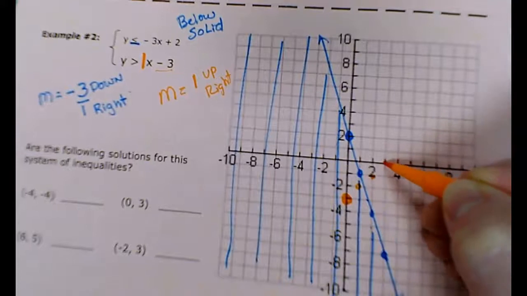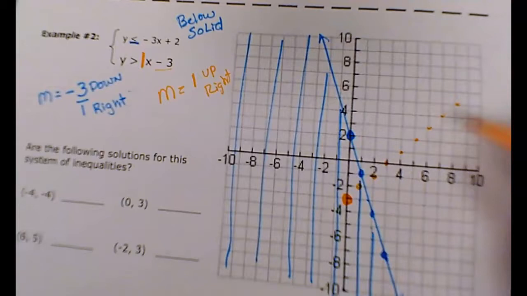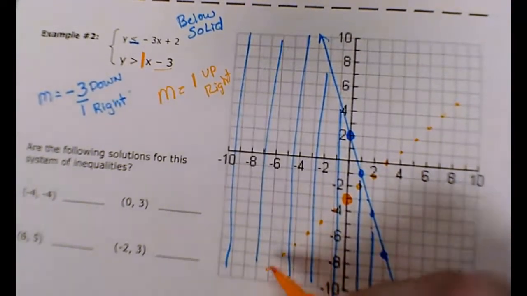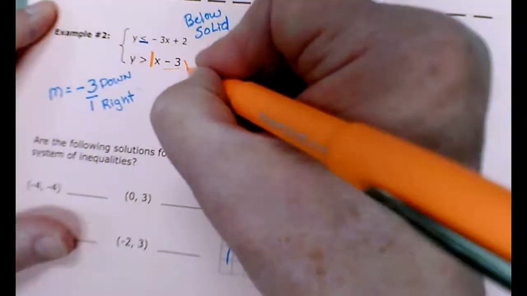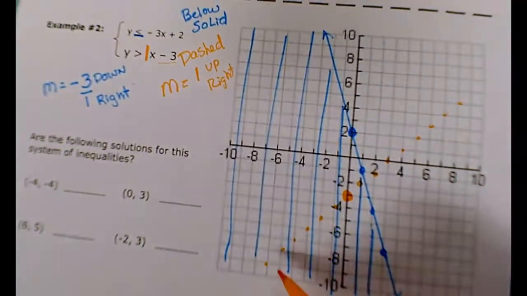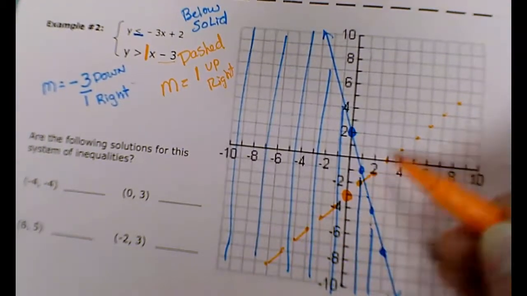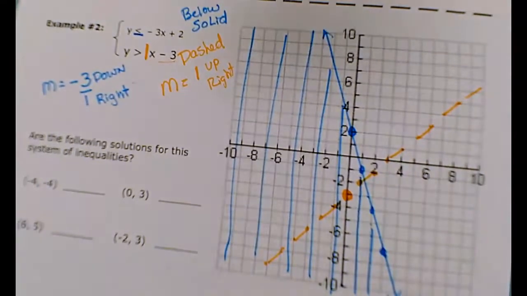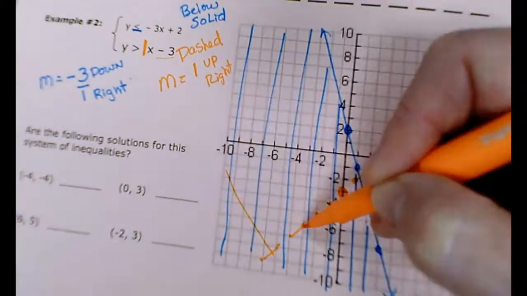Up 1 and right 1. This does not have the or equal to sign, so this is going to be dotted or dashed, whichever word you'd like to use. And so this is going to be a dotted line or a dashed line, and this is greater than, so I'm going to go above the line.